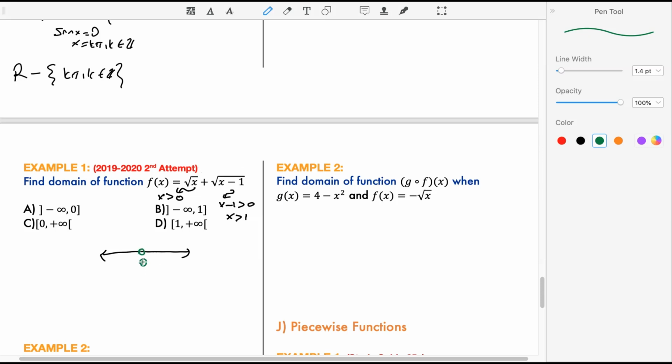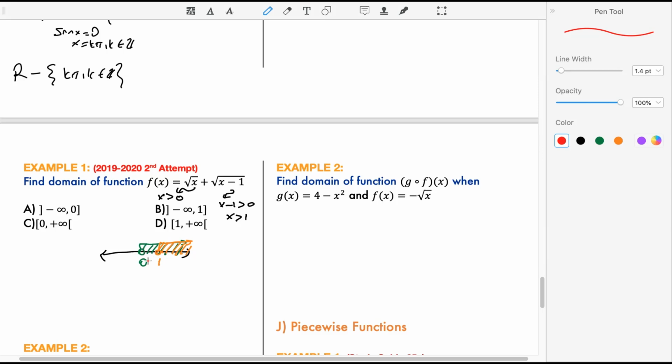For the first one, greater than 0: 0 is open, so shade the right side. This is the domain of the first function. The second function, x is greater than 1: 1 is open, shade the right side again. So take the common region only. What is the common region?